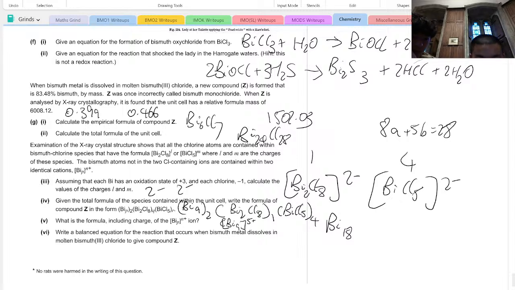What's the balanced equation? 4Bi. No, not 4Bi. In molten bismuth chloride. 28 over 3 BiCl3.